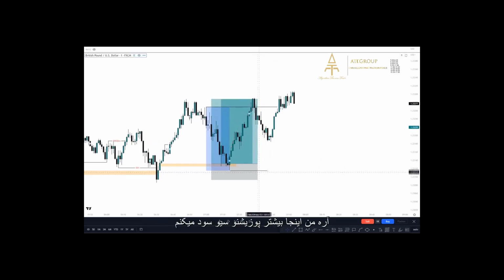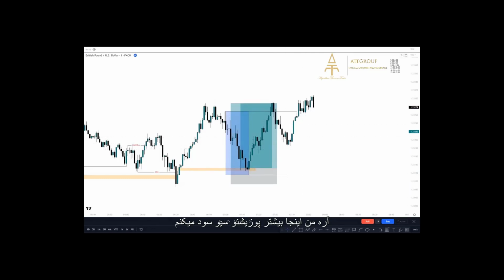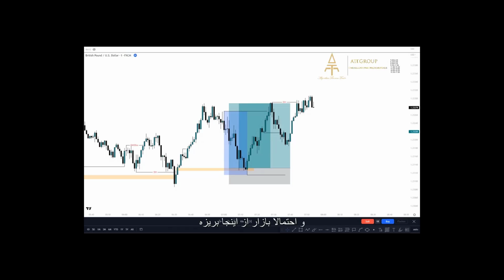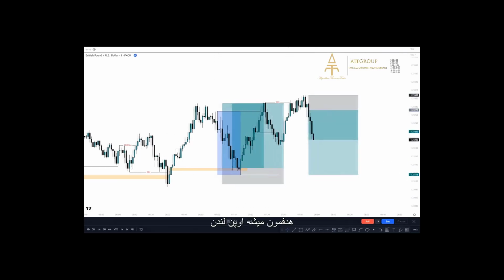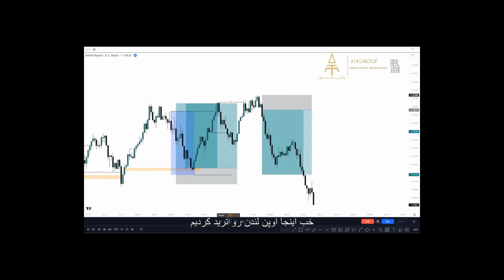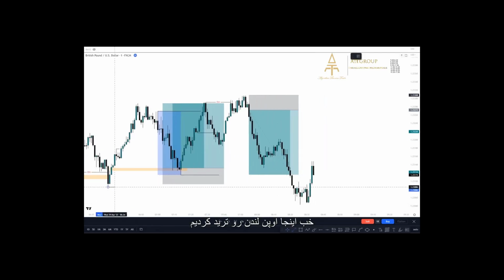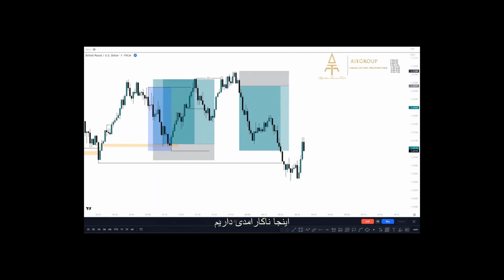Right here I would say heavy partials and probably just take full profit after this BOS right here, because this would be a BOS, this would be inducement, and market will probably just sell off from here. Going down from here, targeting London Open, and yeah, we took the London Open, we swept this low right here, we got this IPA, this is breaker liquidity.